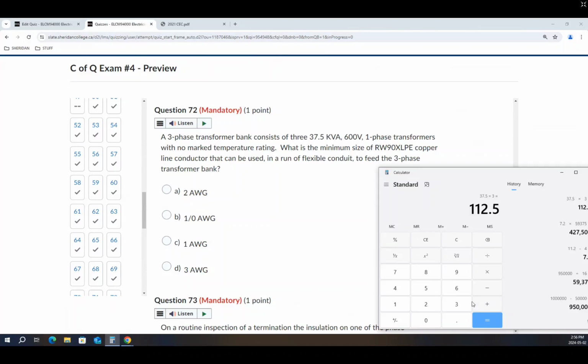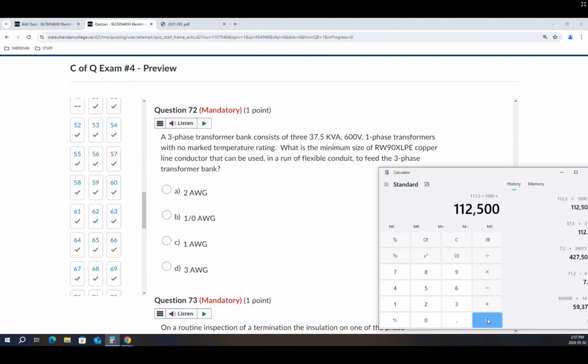So I'm going to get my primary winding ampacity, which is my three-phase kVA times 1,000. And now that's just VAs.